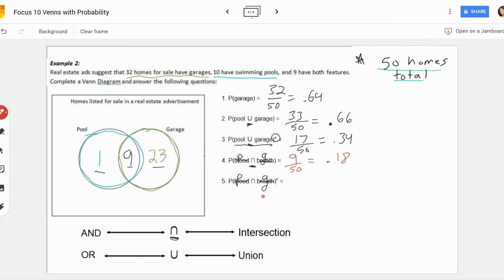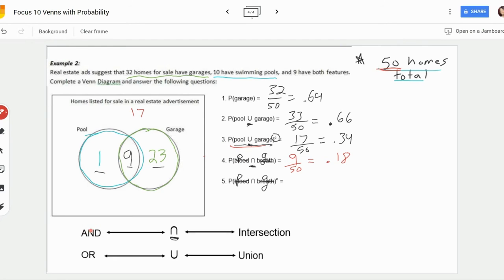It may be helpful, if we haven't done this yet, and I noticed we haven't: we know there were 50 homes total, so how many don't fit in these circles? You would take your total and subtract the ones that are in the circles, which was 33. So down here is 17. We actually did that probability, that's what this one was. It didn't have either. So there are 17 houses in this ad that don't fit into any of these categories.